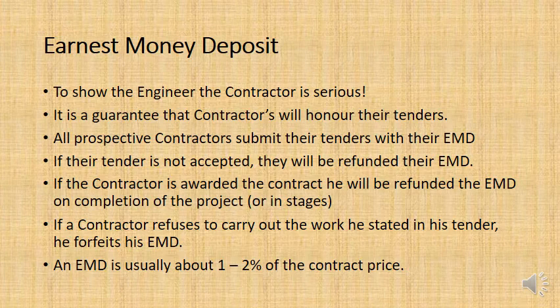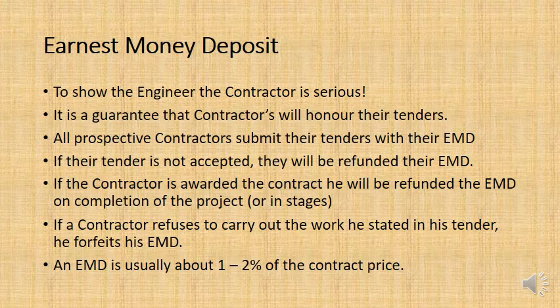Now, for really big projects, what about that motorway project I told you before about in estimating, where I worked on it and it was worth 120 million? Well, if you had a 1% earnest money deposit, then that would be $1.2 million.